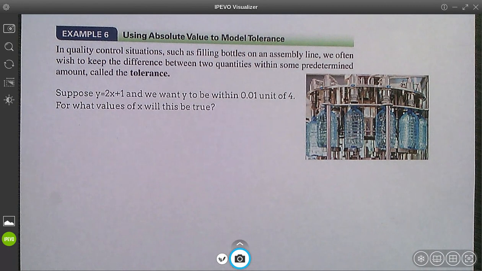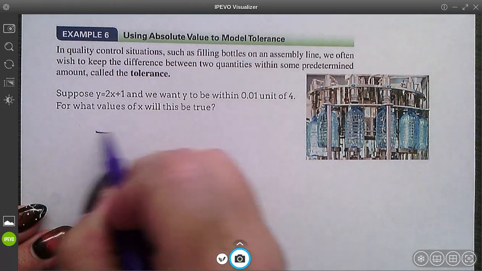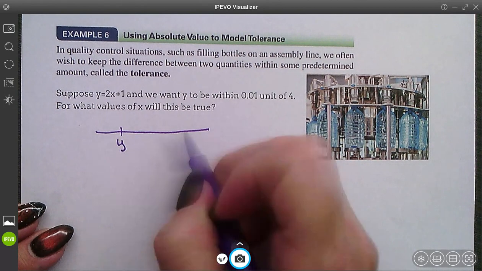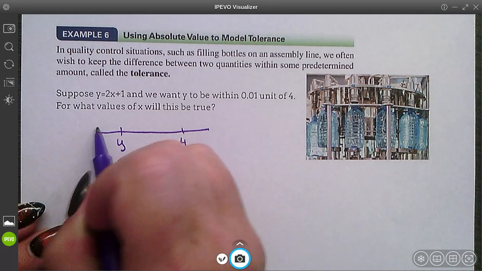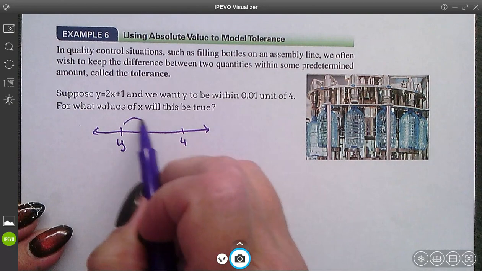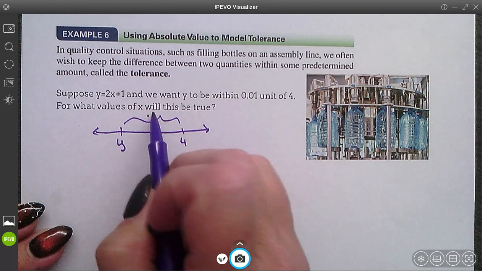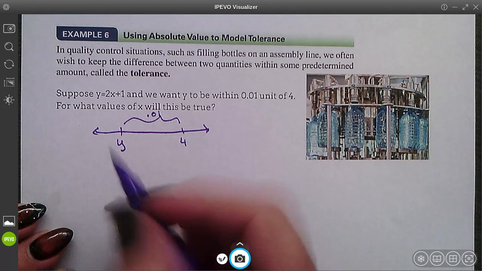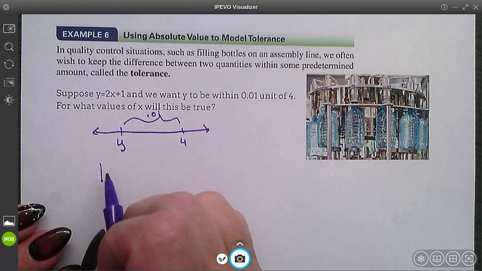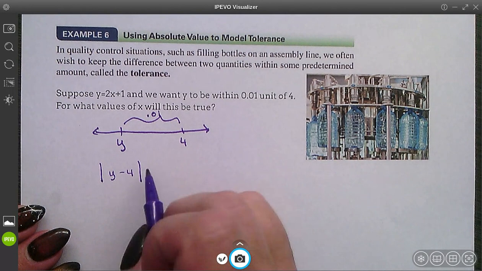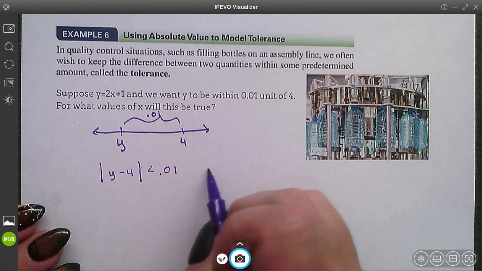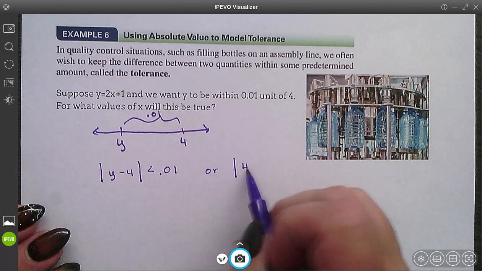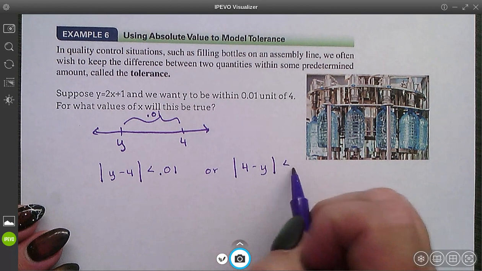So this is the same kind of thing as asking the distance between the two things to be smaller than something. So I have y and I have 4, and I want the difference between them to be within 0.01 units. So I would want to either say the absolute value of y minus 4 is less than 0.01, or the absolute value of 4 minus y is less than 0.01.